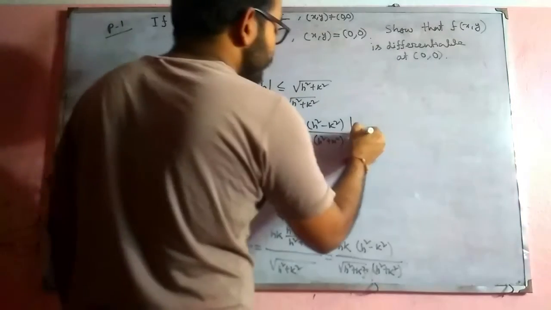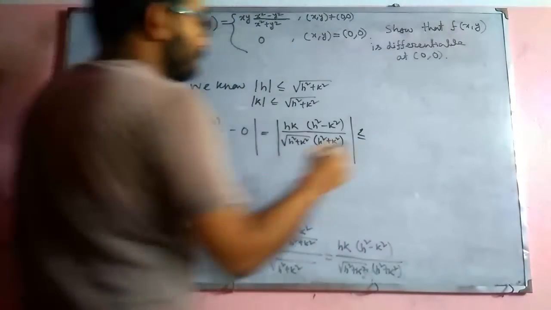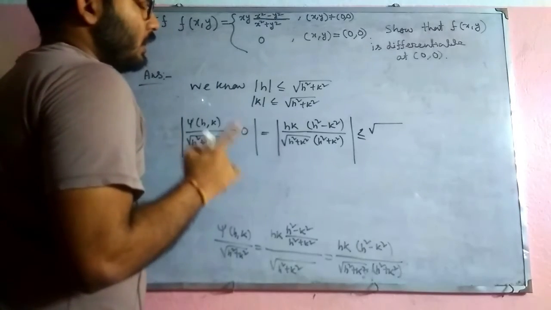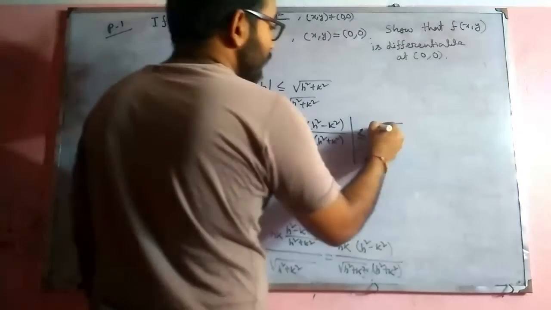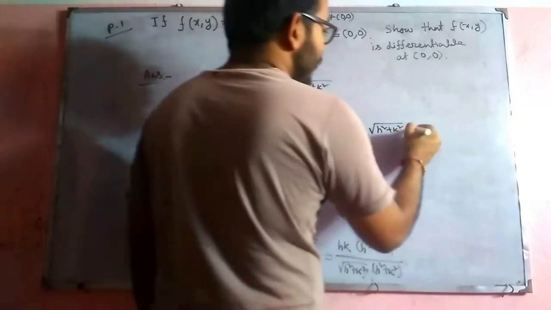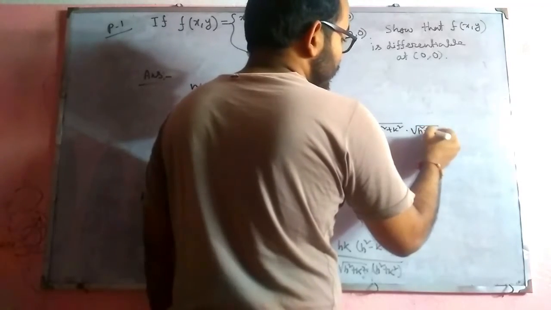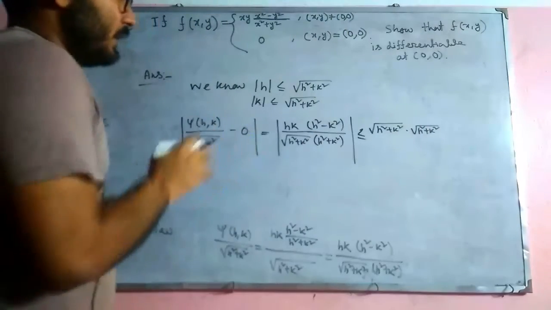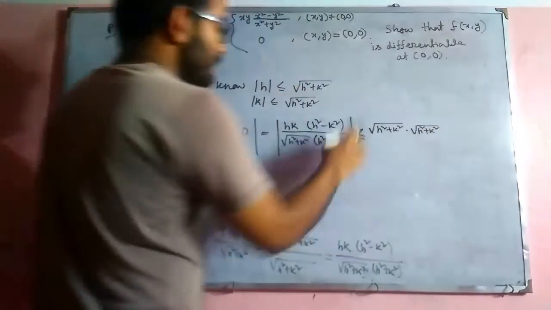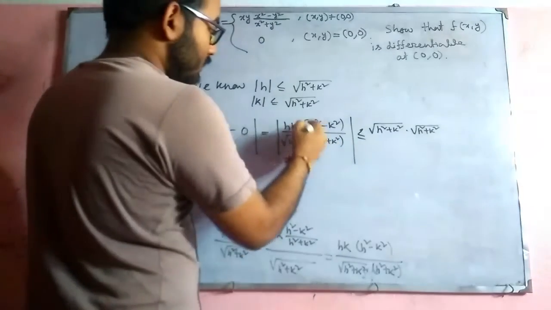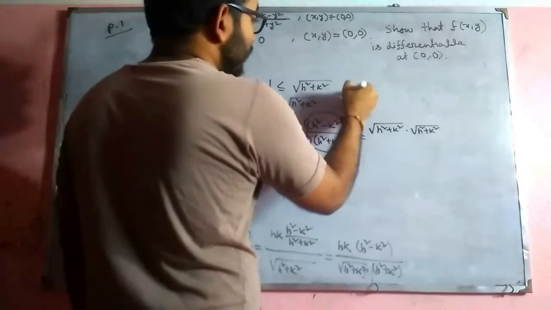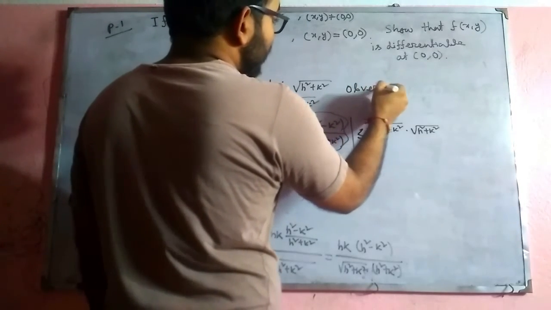Okay, so these are equal to, we are writing these instead of mod h, and this instead of mod k. And this expression is less or equal to 1. I am writing this.